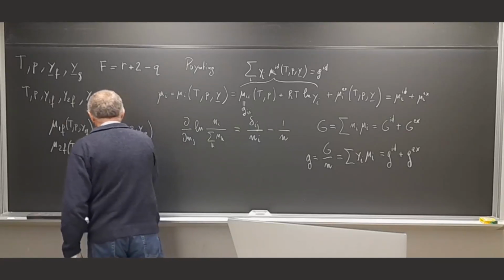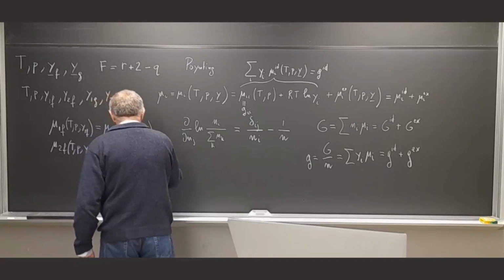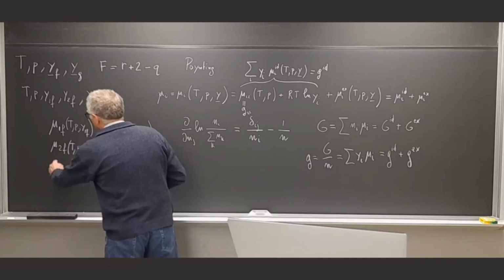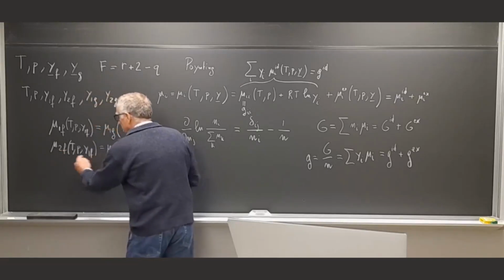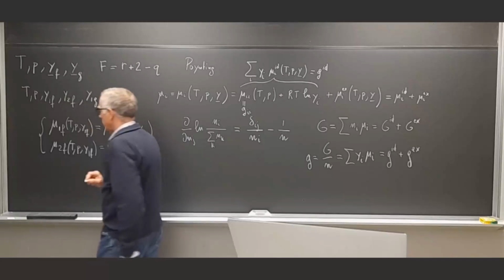But I need to impose the condition for equality of the chemical potential also of the other component. So mu2 in F must be equal to mu2 in G. Okay, so I have a system of two equations here.